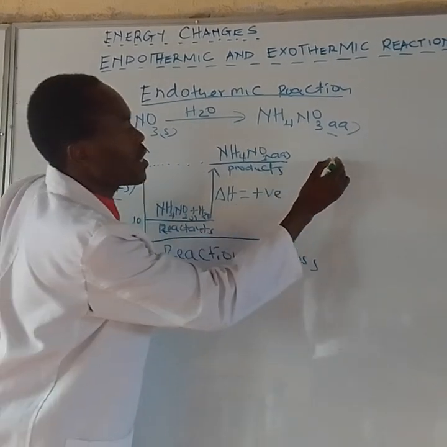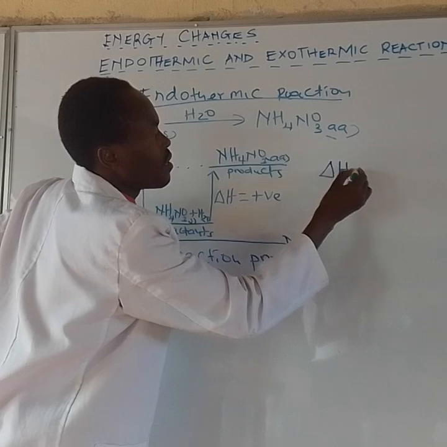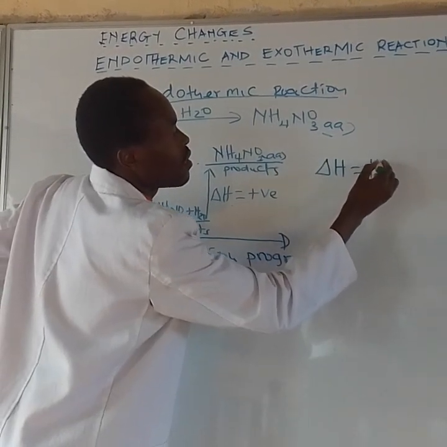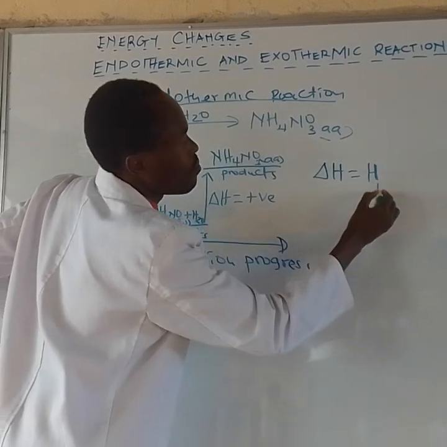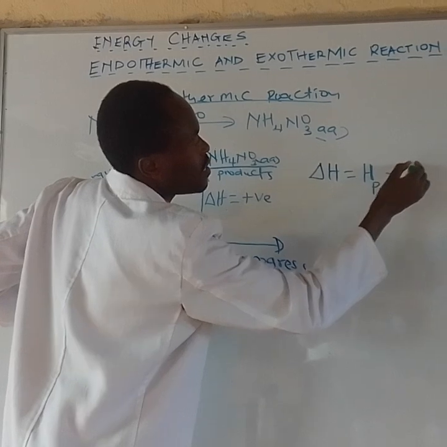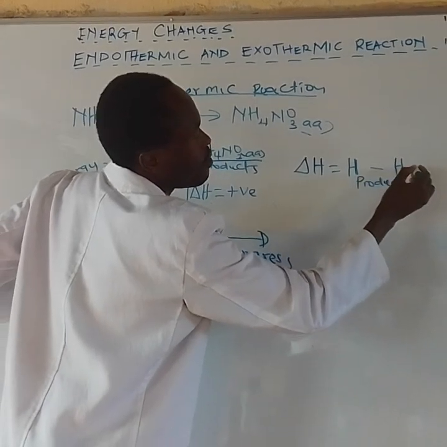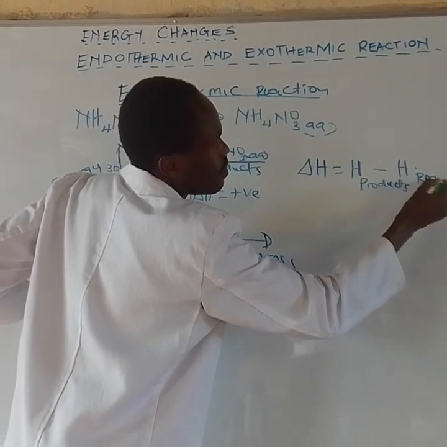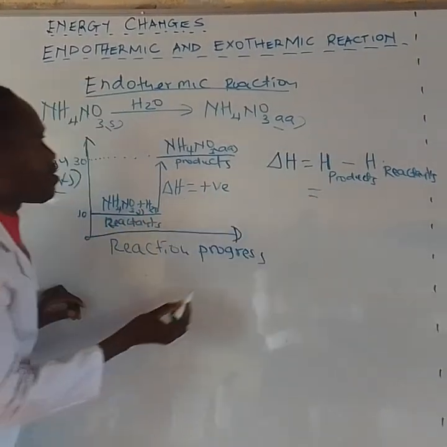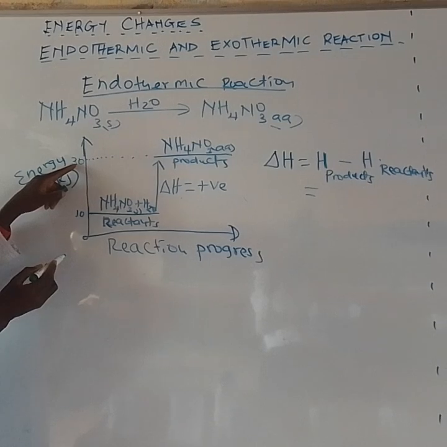We normally say that heat change is equal to heat of the products minus heat of the reactants. Is it okay? So what is the heat of the product? It is the 30.